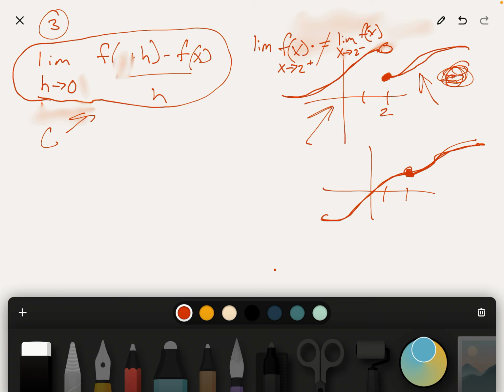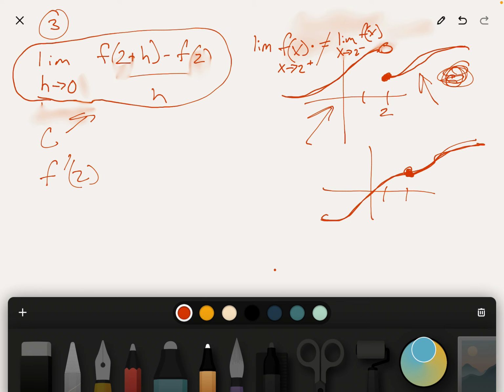But notice, if I substitute 2 here, this now represents f prime of 2.